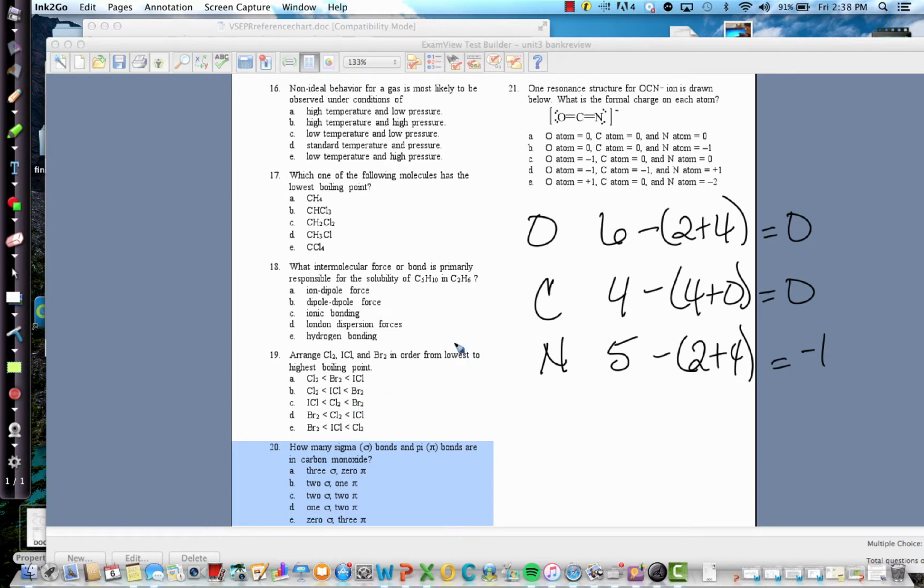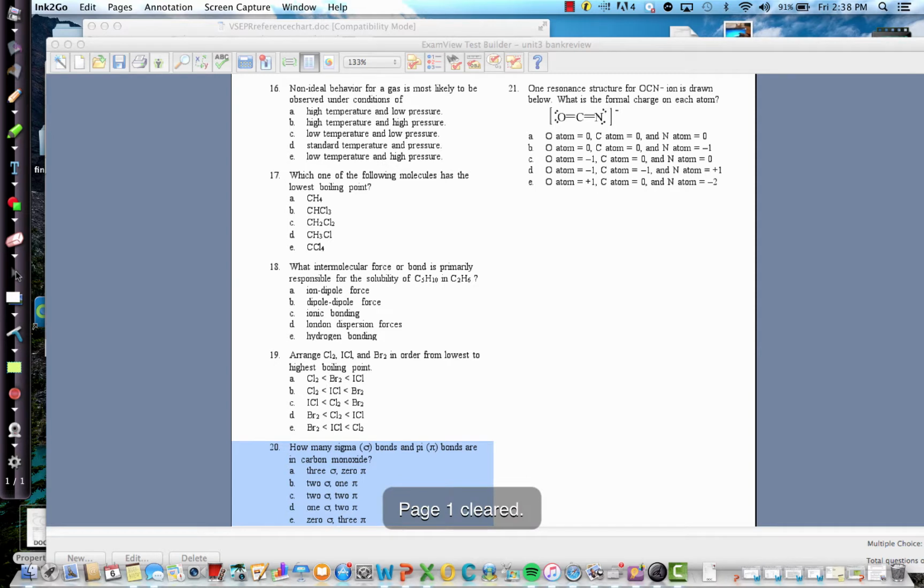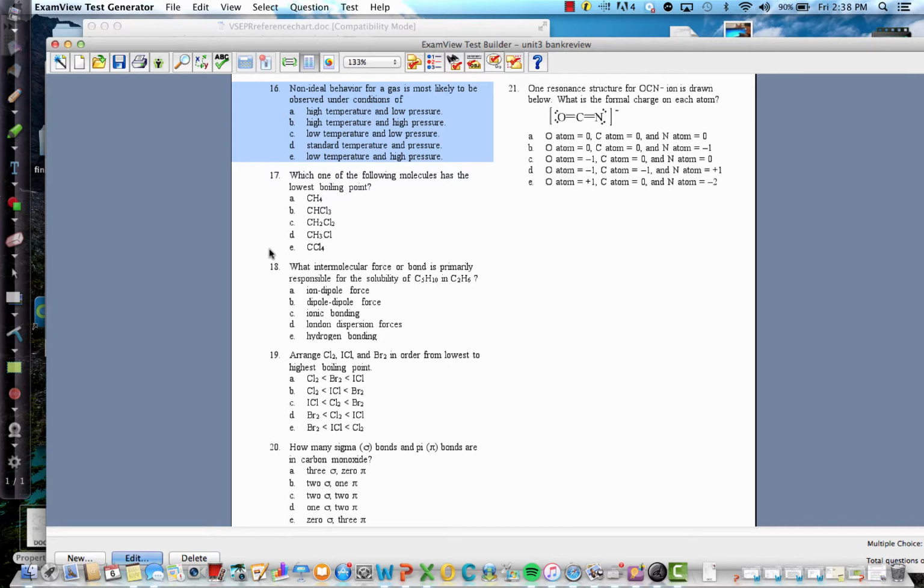Okay, so now let's go back and look at some of the other questions. Okay, so let's look at 16 now. All right, so non-ideal behavior for gases is most likely to be observed under conditions of, if you look in your notes, it's right there in your notes. Real gases versus ideal gases. Well, ideal gases, if you go through and do a calculation, your measured pressure should match your calculated pressure.